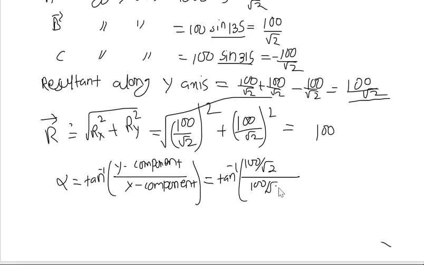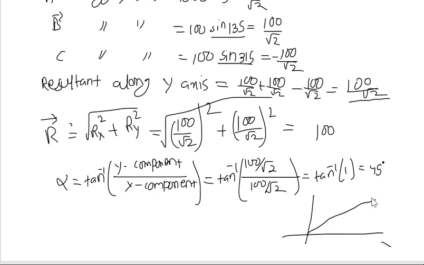So it becomes tan inverse 1, which is 45 degree. That means our resultant is along this direction, along A, because A makes an angle 45 degree with the x-axis. So our resultant is also along the A direction, and its magnitude is also the same as the A vector. Okay. Thank you.